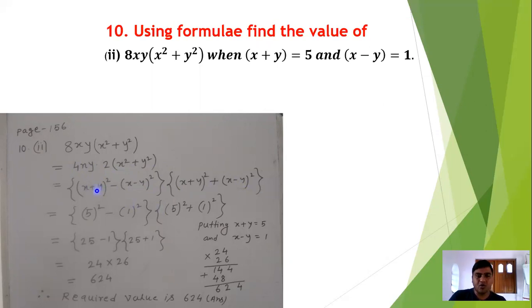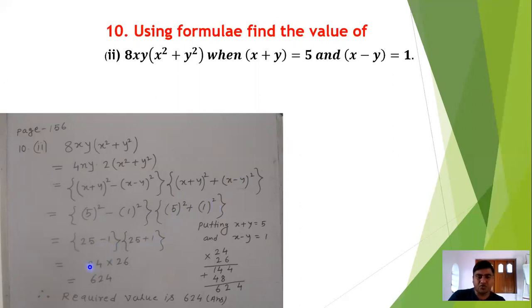Now I'm putting the values: x plus y is 5 and x minus y is 1. So 5 square minus 1 square, and 5 square plus 1 square.